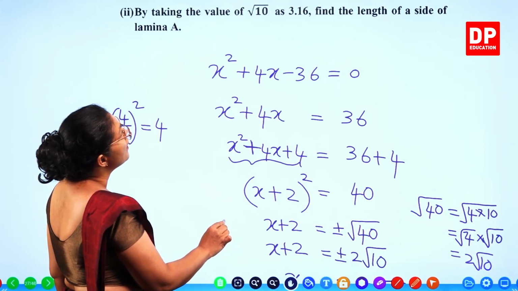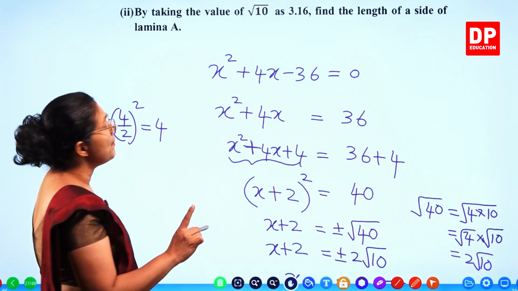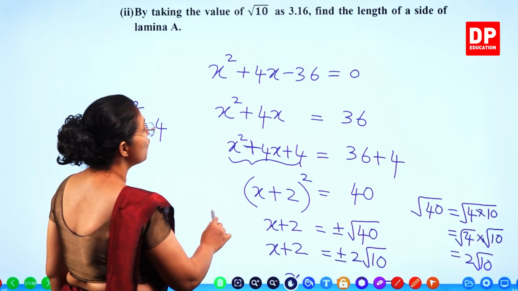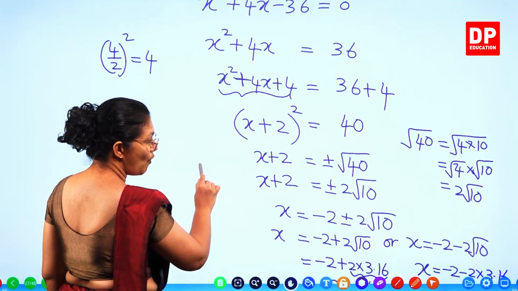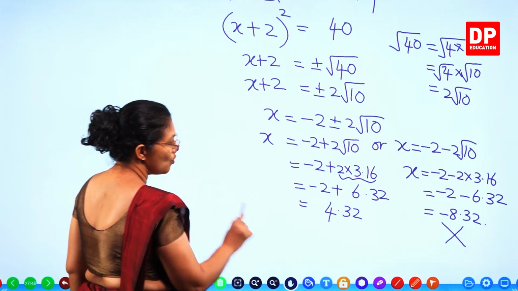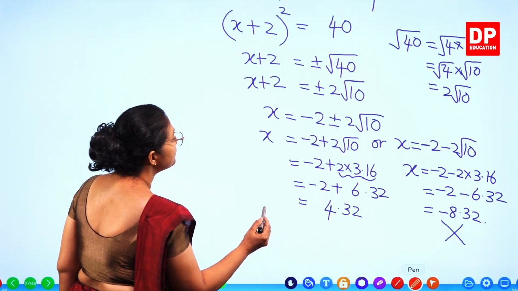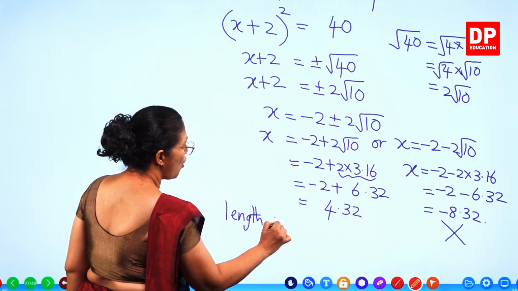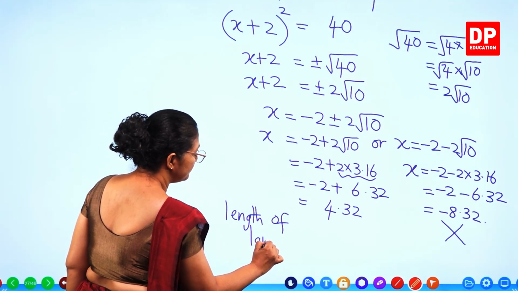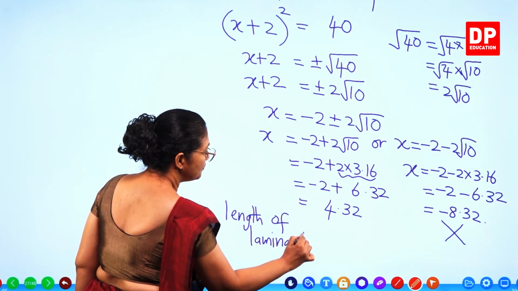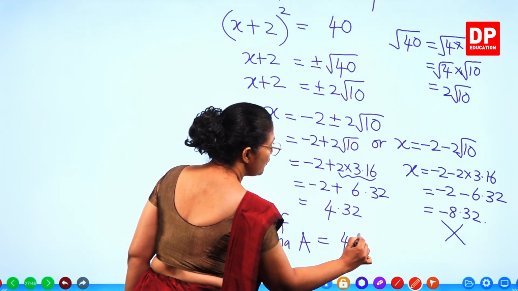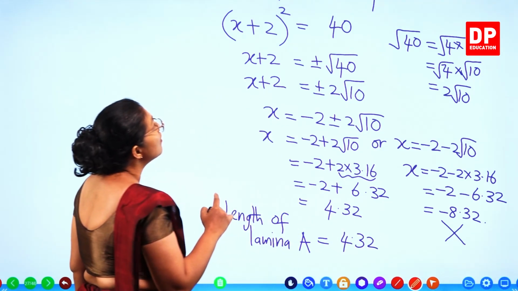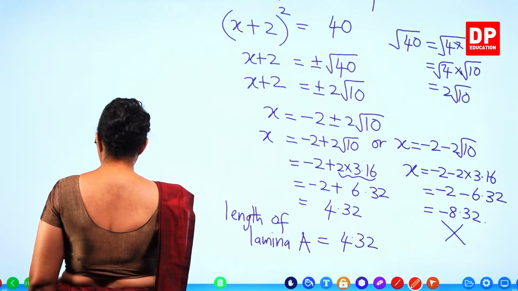They want to find out the length of a side of lamina A. That means solving for x. So what's the final answer? Length of lamina A is 4.32, and this is not given the units.